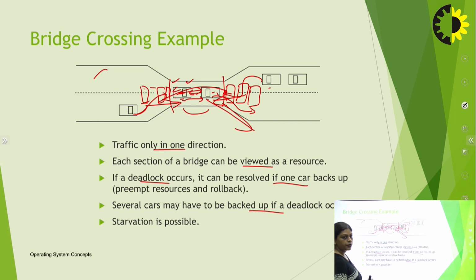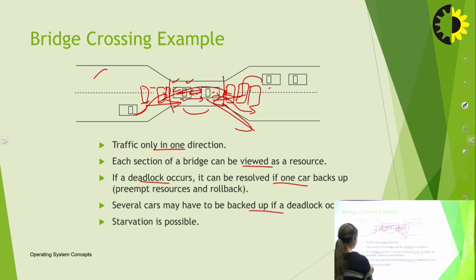So this way, more than one process can also be rolled back to make the system work. It cannot be that only one process is rolled back every time and our system is running; there can be situations where we have to roll back more than one process.